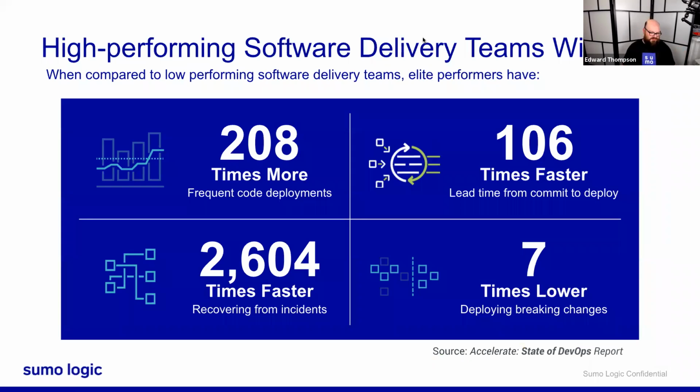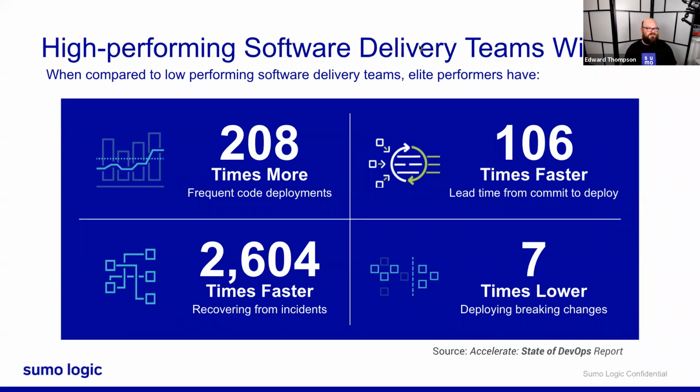And I talked a little bit previously about why you would do this, and the simple fact of the matter is high-performing software delivery teams win. Compared to low-performing software delivery teams, the DORA metrics define these across elite, I can't remember what the middle one is, but elite, someone in the middle, and low.